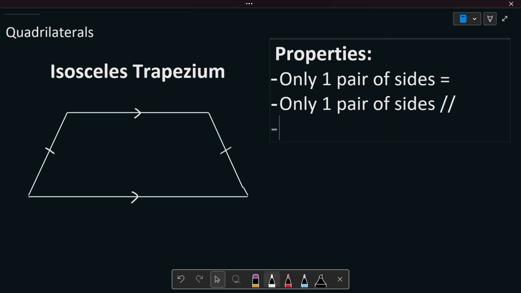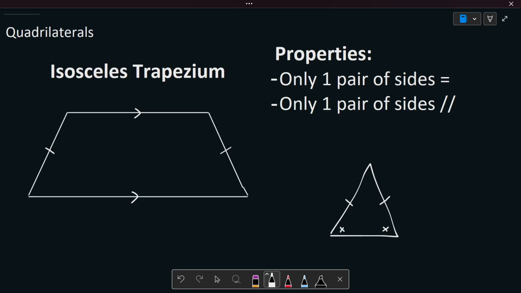Our next one here we're going to be looking at is going to be this. Because we have an isosceles trapezium, if you remember from an isosceles triangle, we know over here that this side over here is actually equal to that side over there. The two adjacent sides are equal, such that this angle here is equal to this angle over here.